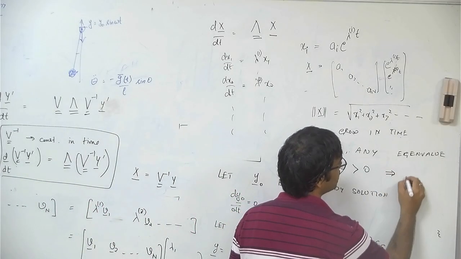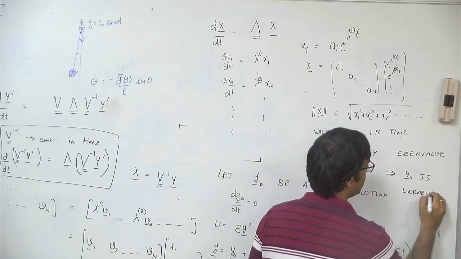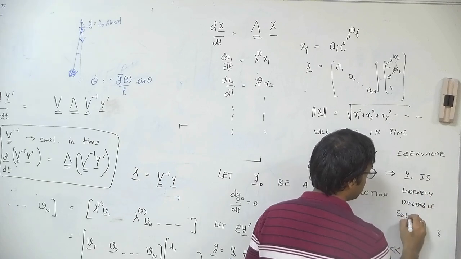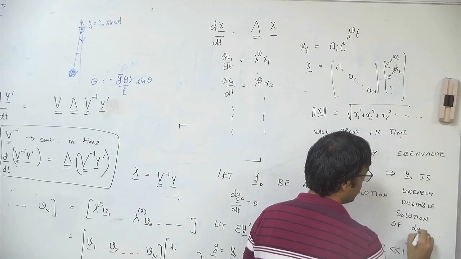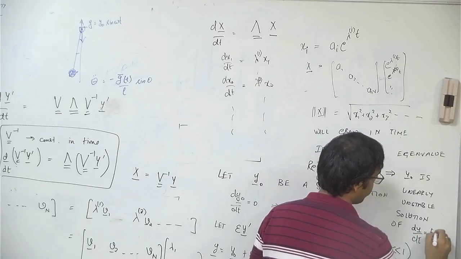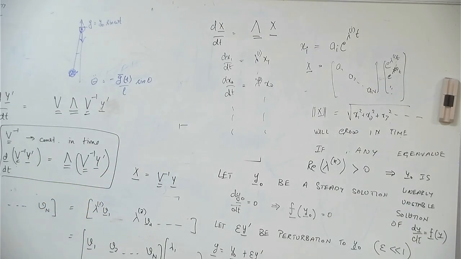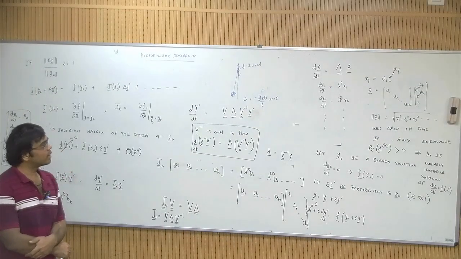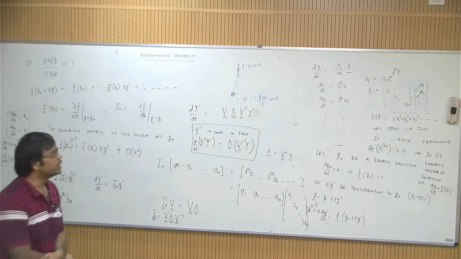Then this implies y naught is a linearly unstable solution of dy by dt equals f of y.